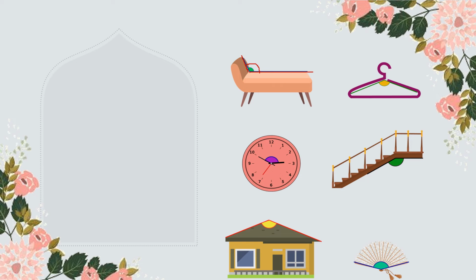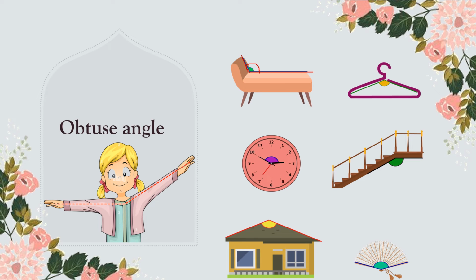So this type of angle is called an obtuse angle, where the angle measure is more than 90 degrees and less than 180 degrees. Such type of angles, if you see this roof, this angle which is being formed here between these two sides is also more than 90 degrees and less than 180 degrees, so it is an obtuse angle.